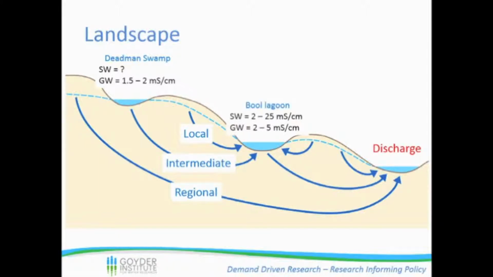If we look at Bull Lagoon, in what we think is a regional flow-through zone, the wetland itself varies in salinity between fresh and brackish, and the groundwater underneath the wetland is fresh to moderately brackish. At the coastline, Lake Robe is very saline. Last year, Lake Robe was twice seawater in salinity, and the groundwater near Lake Robe is about half seawater in salinity.